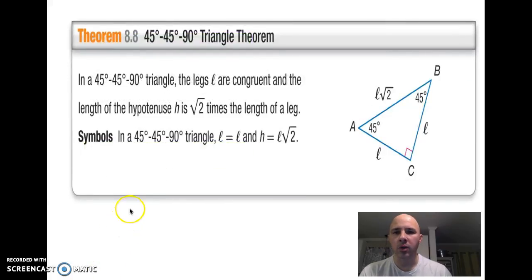Alright, here goes the theorem for 45, 45, 90. In a 45, 45, 90 triangle, here's my right angle, and here go my 45 and 45. The legs have to be congruent, they have to be equal, and the length of the hypotenuse, as we label it, has to be the square root of 2 times the leg.